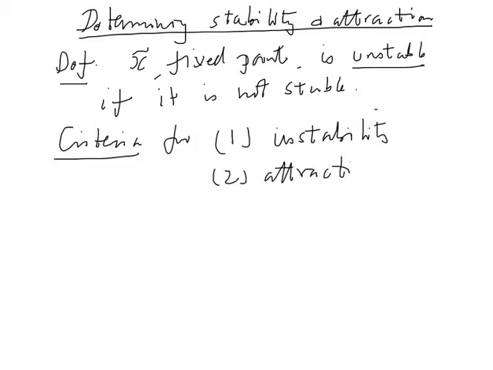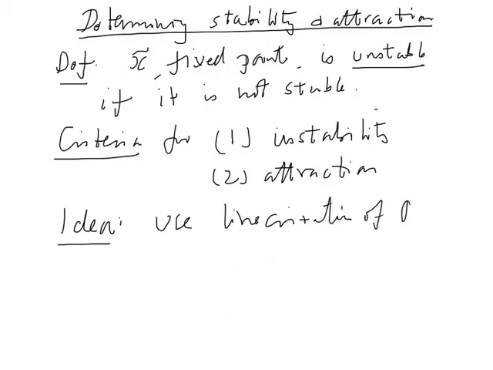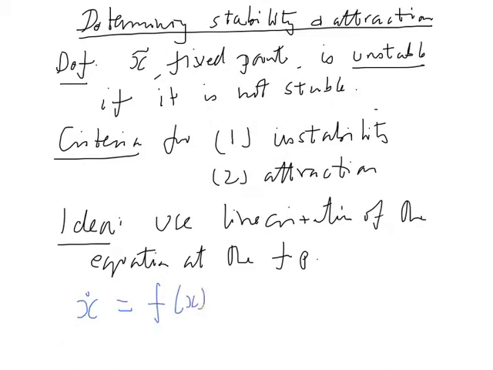Okay. And the idea is to use the linearization of the equation at the fixed point. So if the equation, let's write the equation here, x dot is equal to f of x.